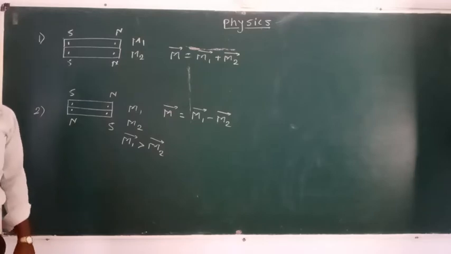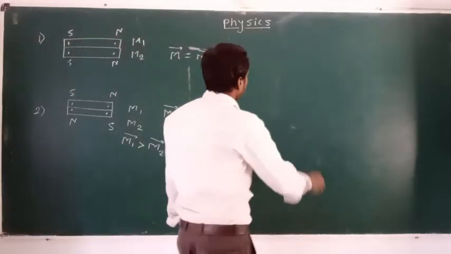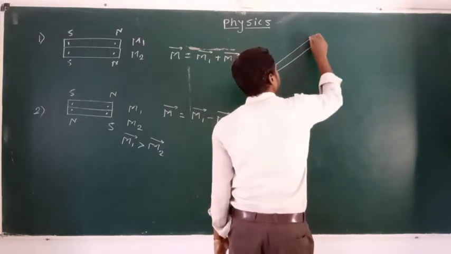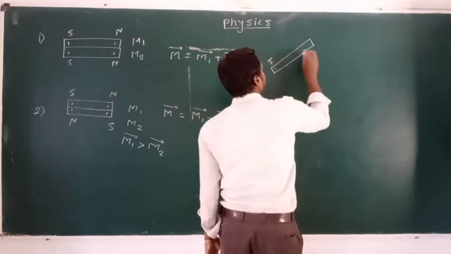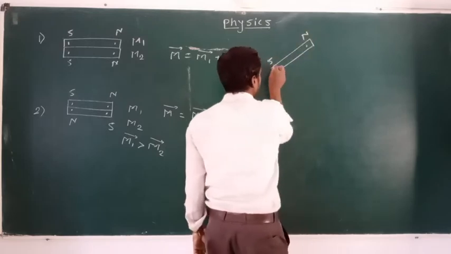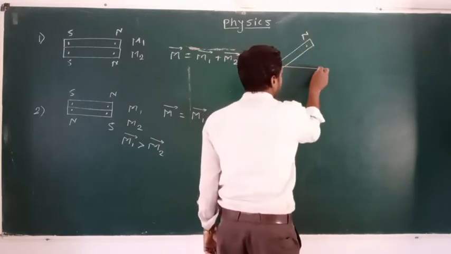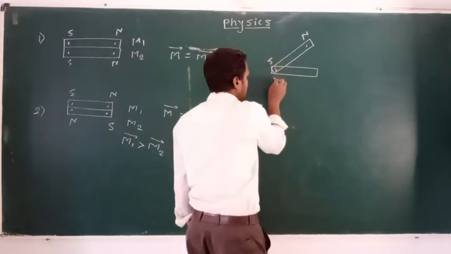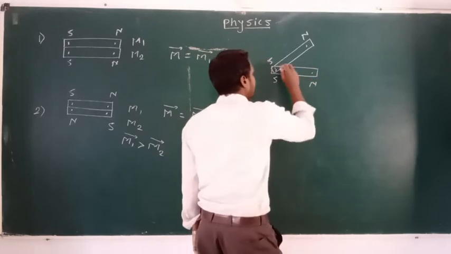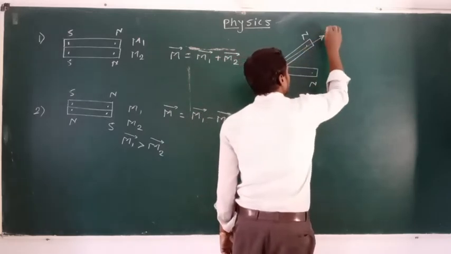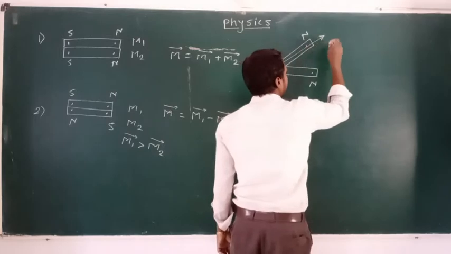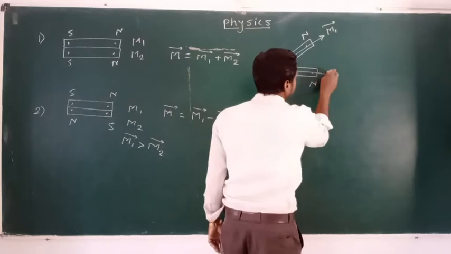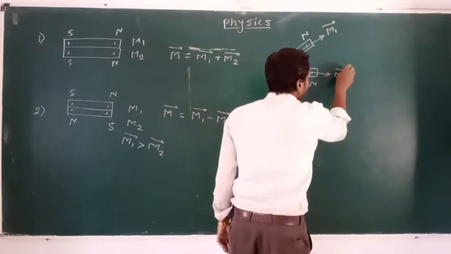Now if there is an angle, consider here is the south pole and here is the north pole, and another bar magnet with the south pole here and the north pole here. Then the directions of the magnetic dipole moments are M1 bar and M2 bar.